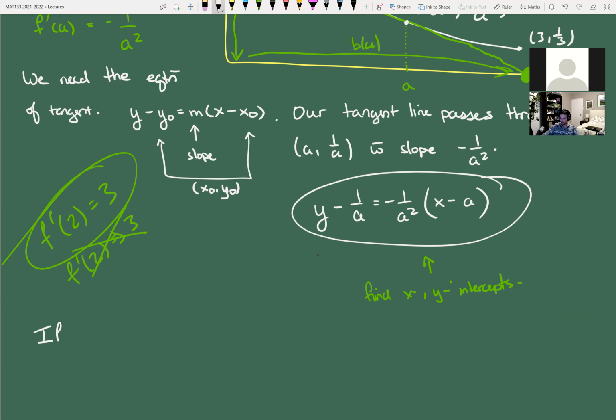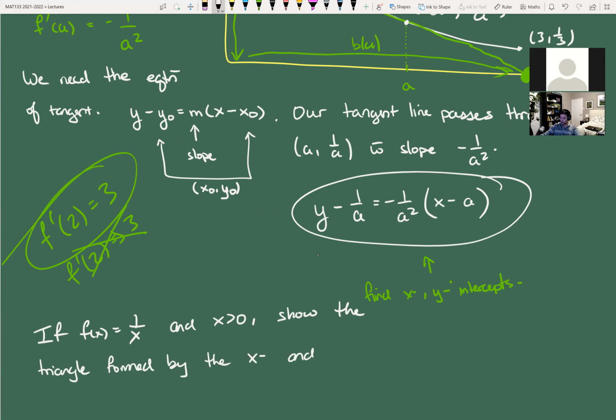If f of x equals 1 over x, and x is greater than 0, show that the triangle formed by the x and y axes and the tangent line always has an area of exactly 2.